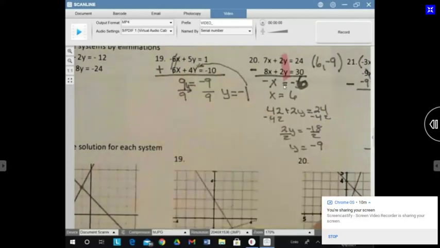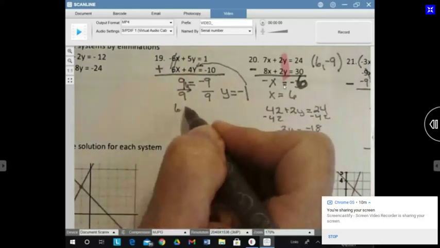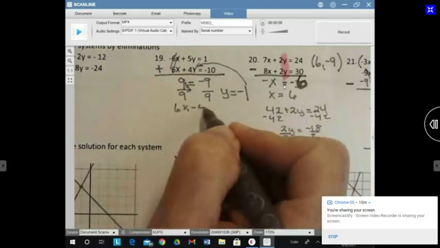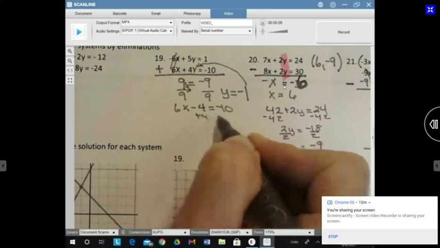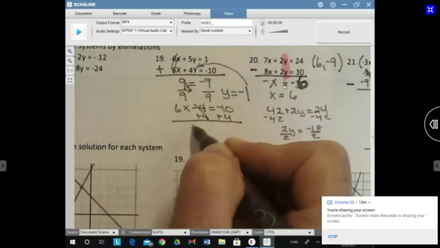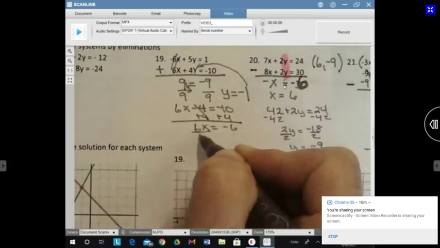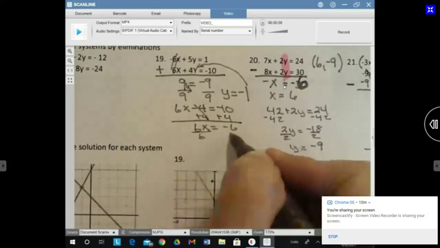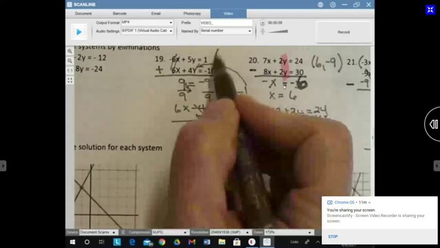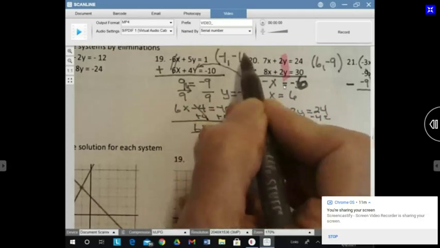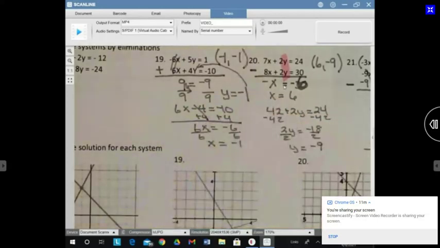So I have 6x minus 4 equals negative 10. Adding that 4, cancels. 6x equals negative 6. Dividing by 6, x equals negative 1. Solutions, x is negative 1 and y is negative 1.